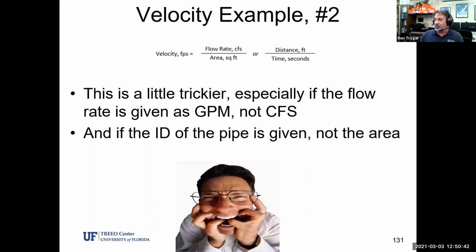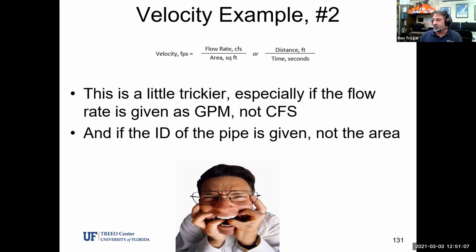How about example number 2? It even says in the statement that it's a little trickier. So obviously this guy's nervous in the picture. It says it's a little trickier, especially if the flow rate is given as gallons per minute, not cubic feet per second, and if the inside diameter of the pipe is given, not the area.